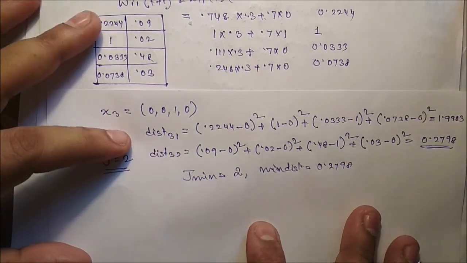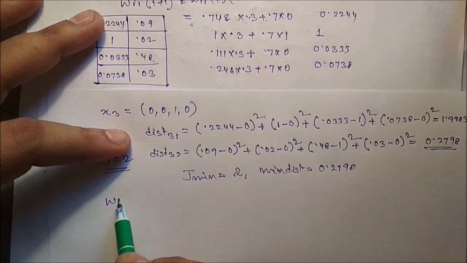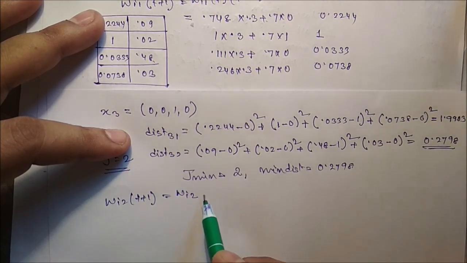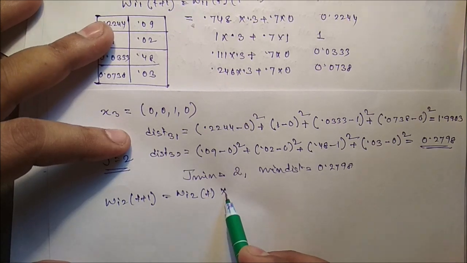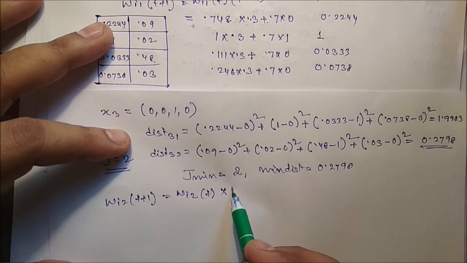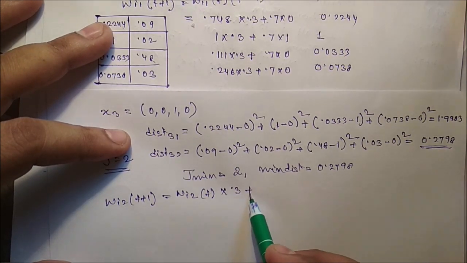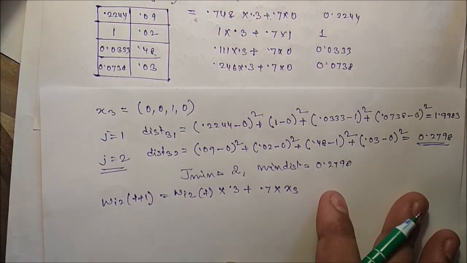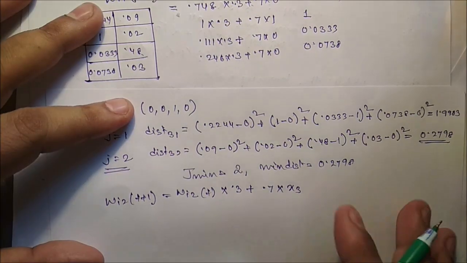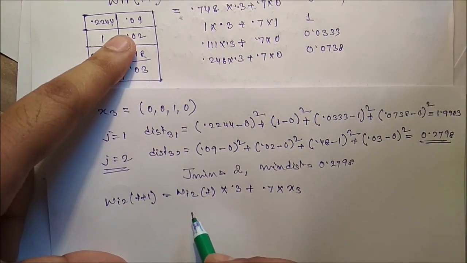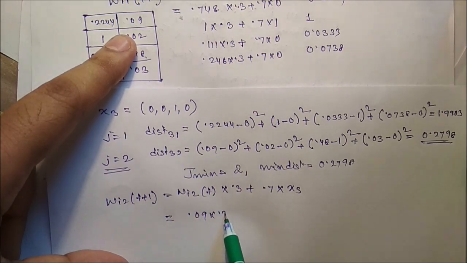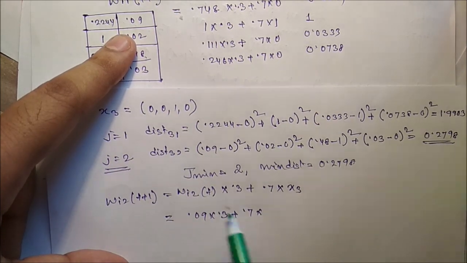The formula already you know, wi2, the next updated version, t into the learning rate. So 1 minus 0.7, that means what? 0.3 plus alpha 0.7 into the x3. Okay, so we can write 0.09 into 0.3 plus 0.7 into 0.